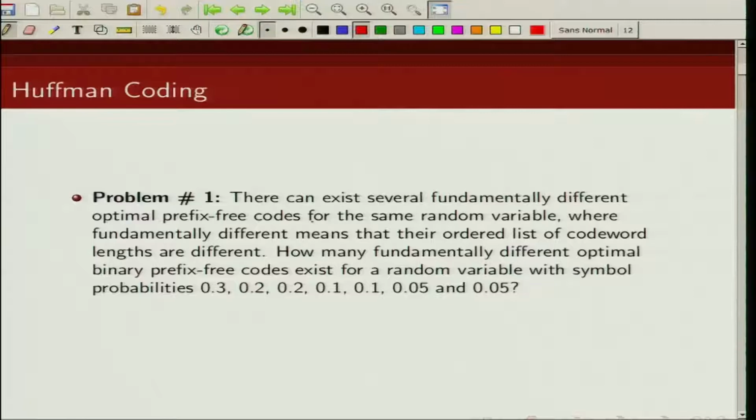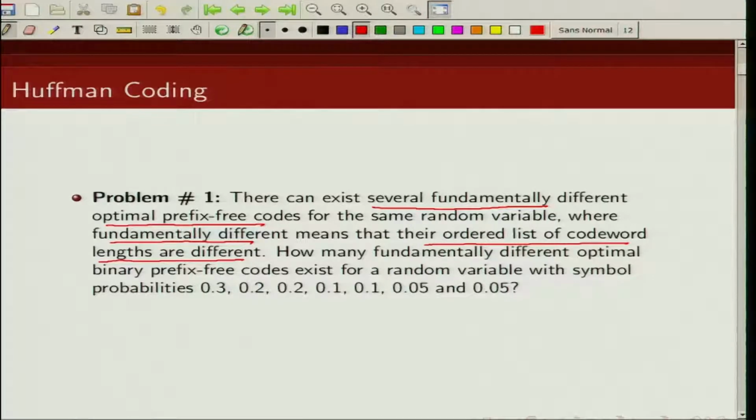So there exist several fundamentally different optimal prefix-free codes. Now we know Huffman coding is the optimal prefix-free code, so there exist several fundamentally different Huffman codes. And what do I mean by fundamentally different? If I write down the ordered list of code word lengths, that is different.